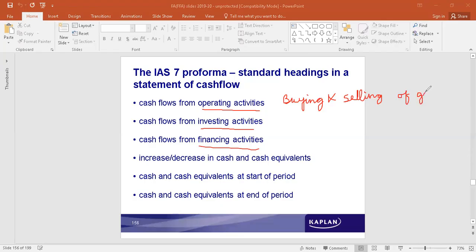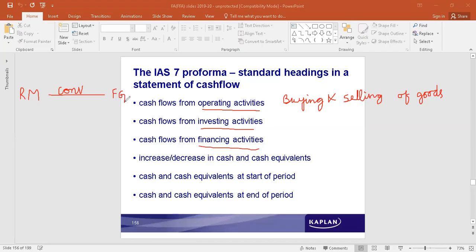But it is not just that on one hand goods are purchased, on the other hand goods are sold. There is a whole lot of activities included in that. When the raw material is purchased, this raw material has to be converted into finished goods. So there is a conversion process involved. Only then finished goods are produced, and these can be sold.